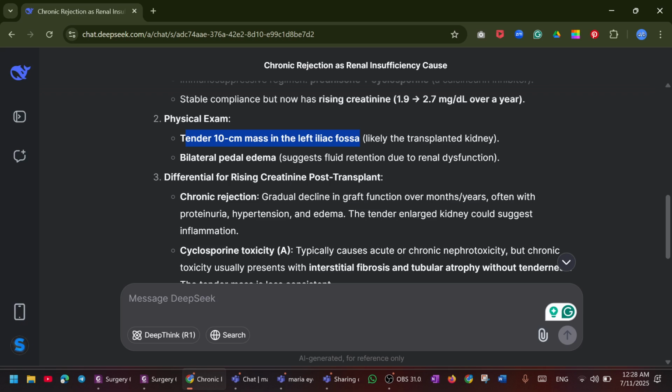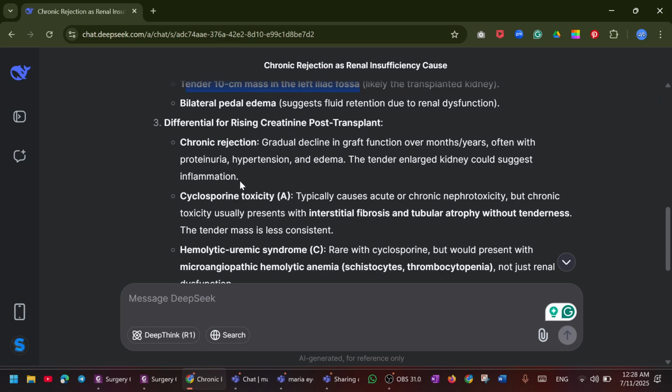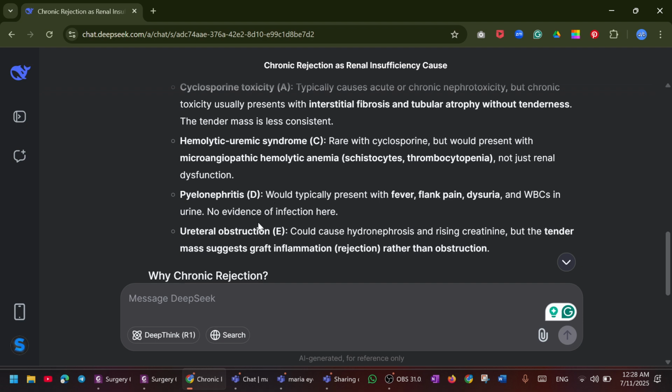We do not extract the old kidney. You got my point. Ureteral obstruction could cause hydronephrosis and rising creatinine, but a tender mass suggests graft inflammation, rejection, rather than obstruction. Are you satisfied? Yeah.